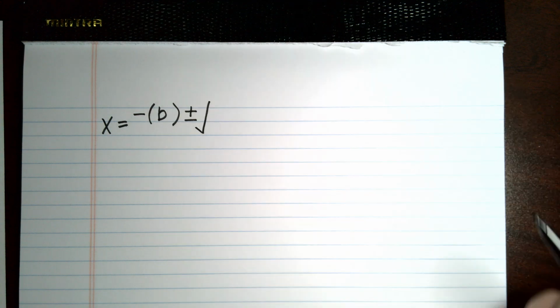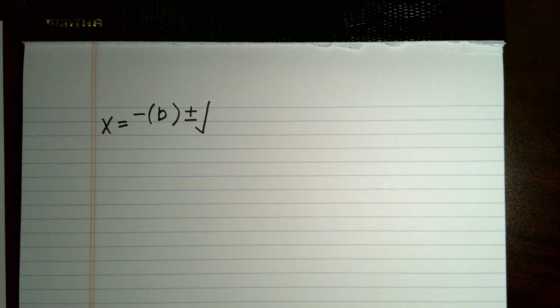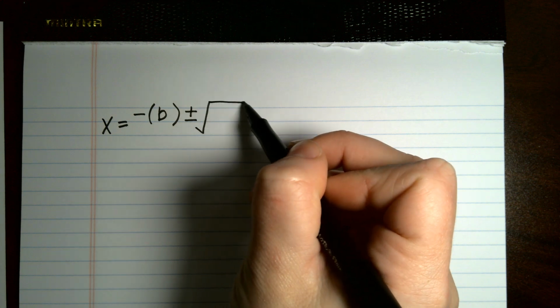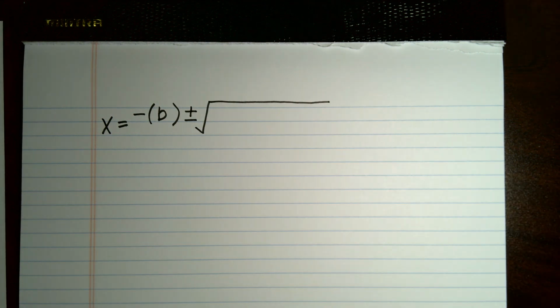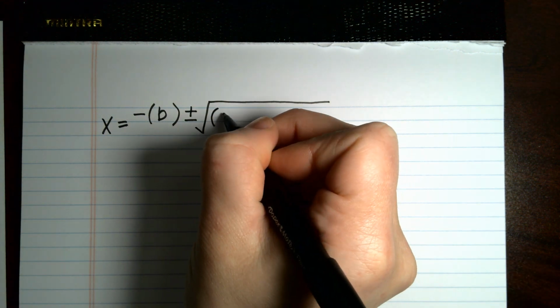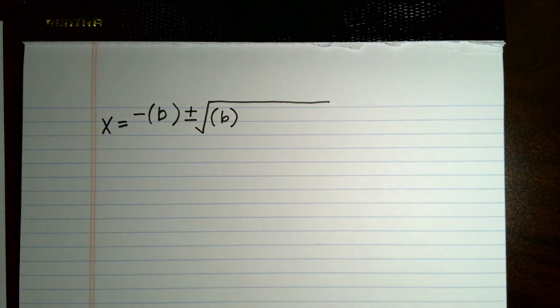I'm going to start with a big old check mark. That's a square root. I'm going to give it a hat like that. Okay. Now under your square root, I'm going to put in parentheses the letter b.